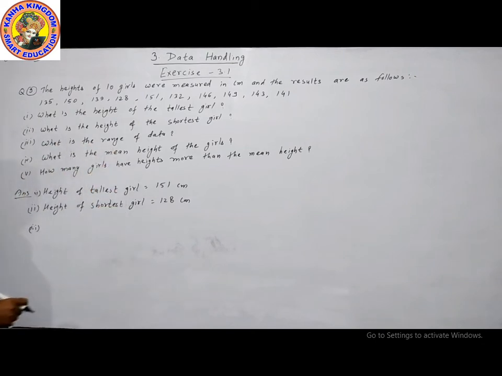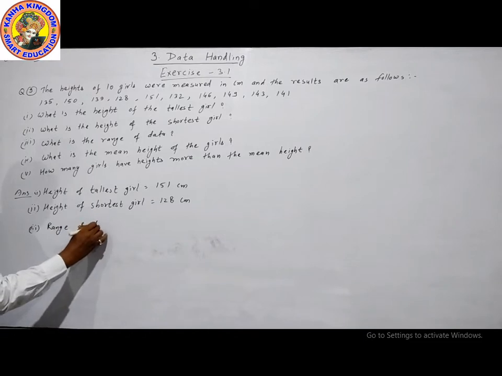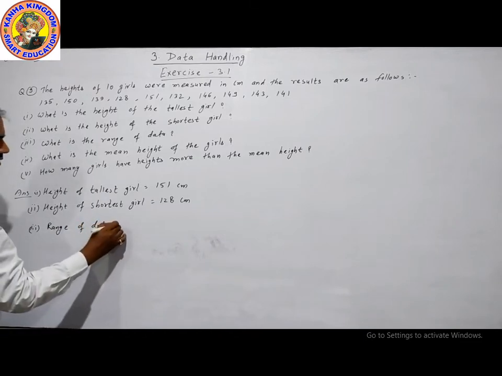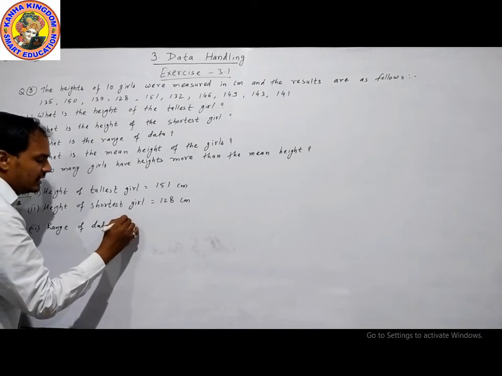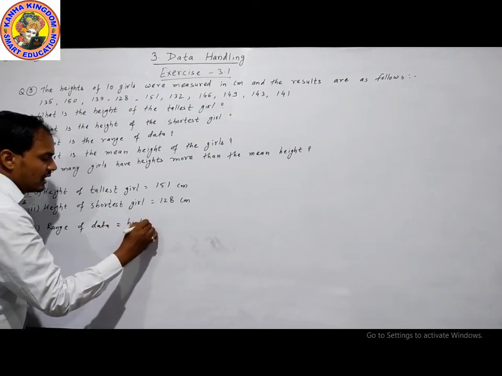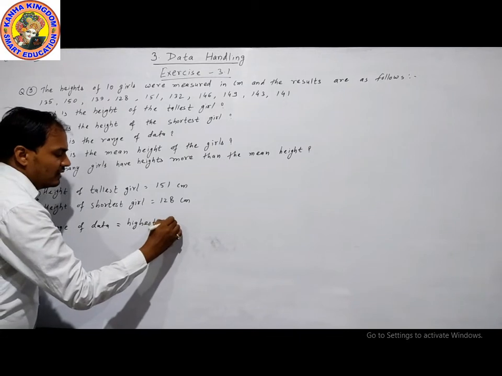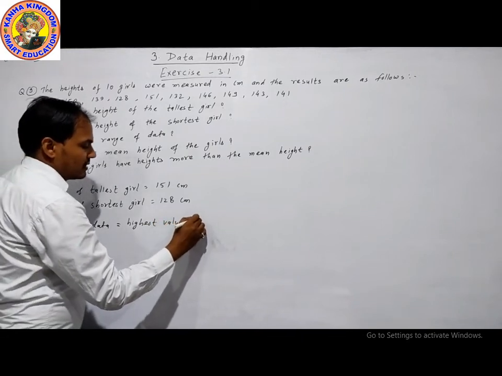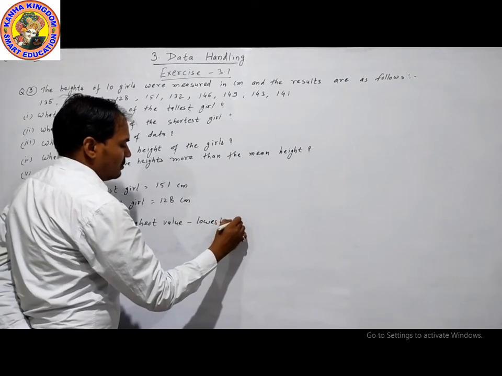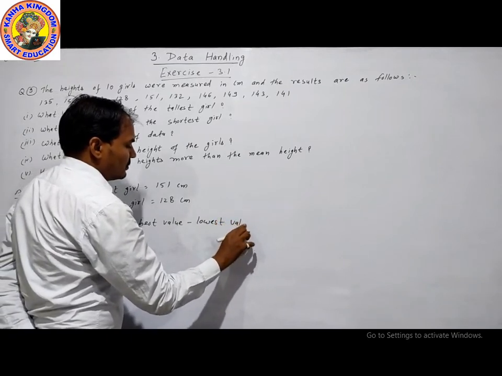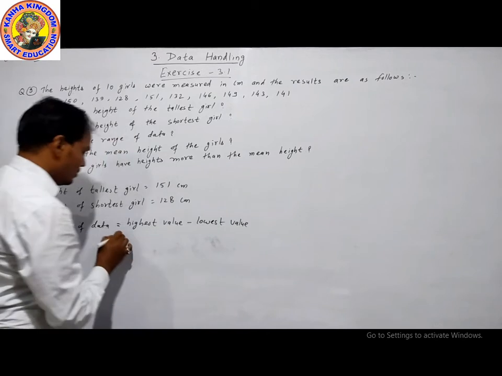Now taking question number 3, what is the range of data? The formula for the range of data is highest value minus lowest value.